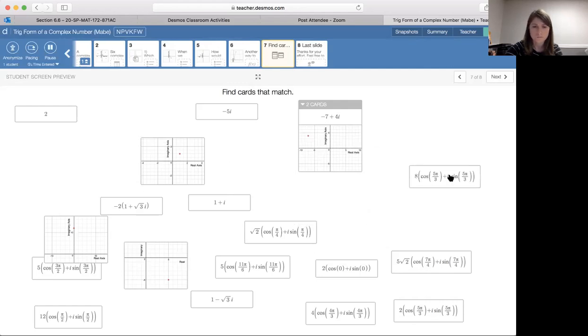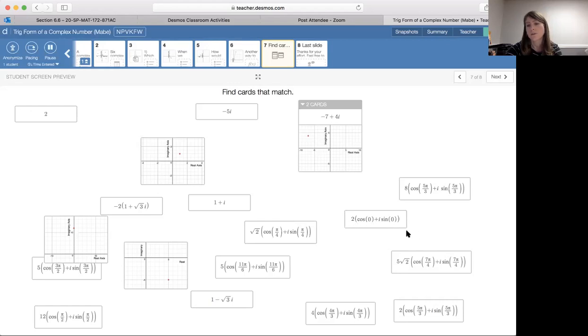Now, in terms of other things to be careful of, you do have some places where, for example, this is a trig form of a complex number, and notice you can tell from this that the radius is 2 and the angle is 0, meaning you're not rotating up any.